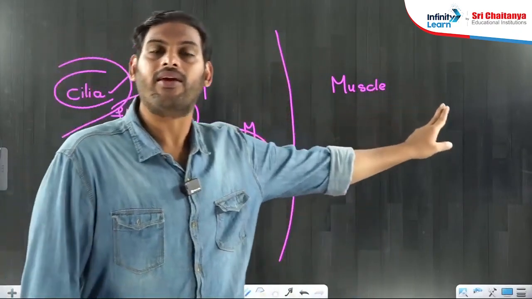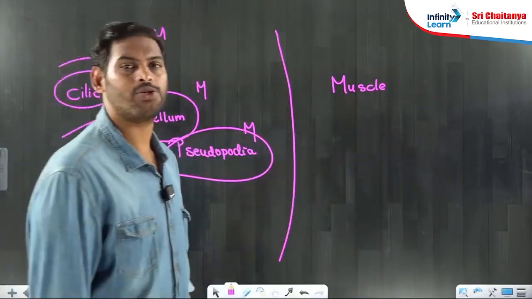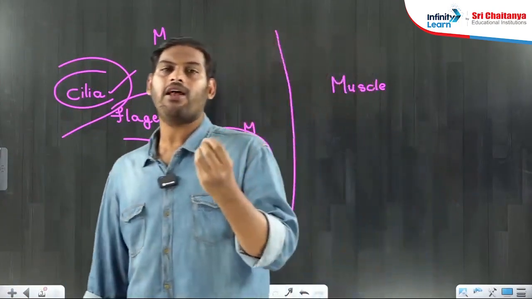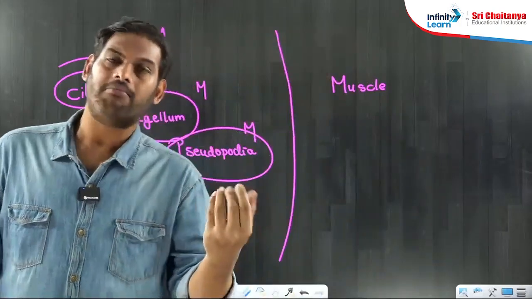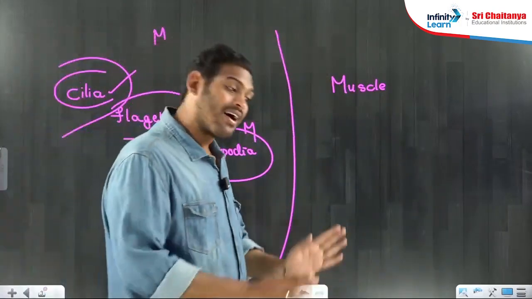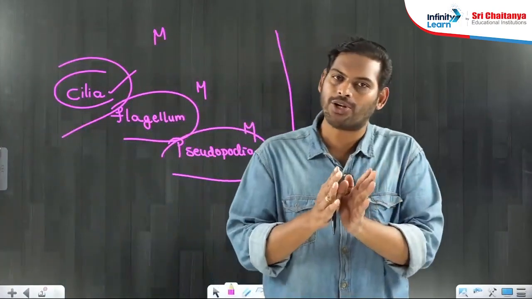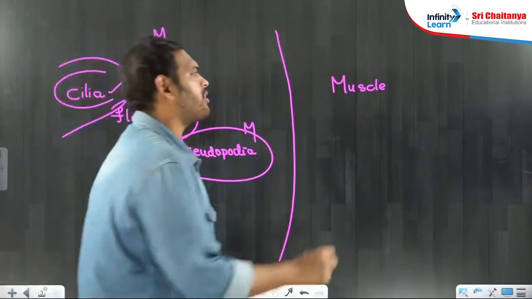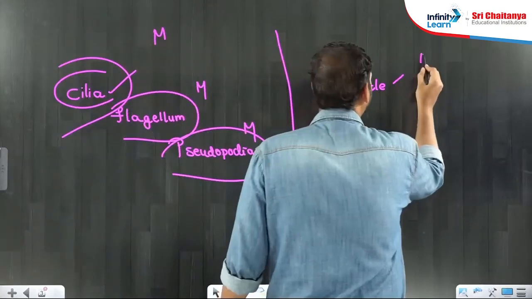Muscle gives us the ability to contract and relax. Muscle allows us to move. Muscles allow us to convert these movements into locomotion. And muscle is derived from mesoderm.